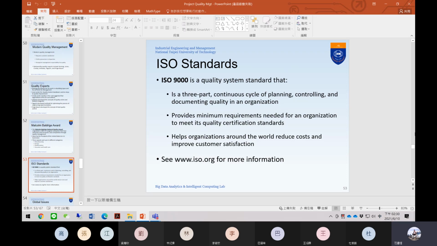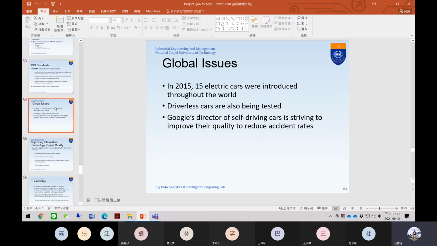It provides the minimum requirements needed for an organization to meet quality certification standards. Finally, it helps organizations around the world reduce cost and improve customer satisfaction. So there's some website. Okay, done.